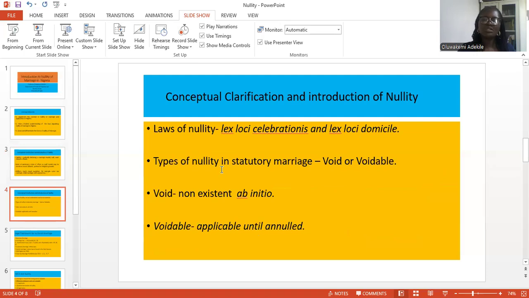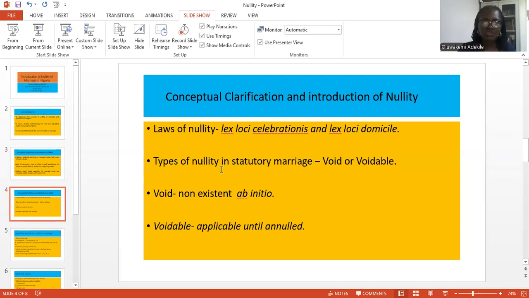While lex domicilii, the law of domicile, governs the capacity of parties to get married. Where some of the components of these laws are not present in a marriage, there is a tendency to say that the marriage is a nullity.